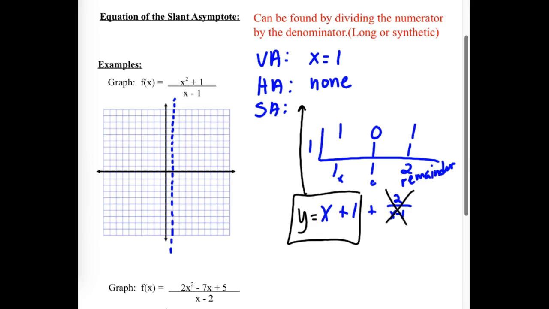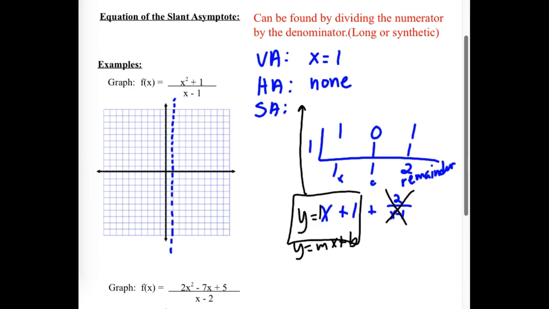So how do we graph the line y equals x plus 1? Right? Think mx plus b. It's just a line. Y-intercept is the 1. Slope is a 1. Right? So let's go and draw a line in.